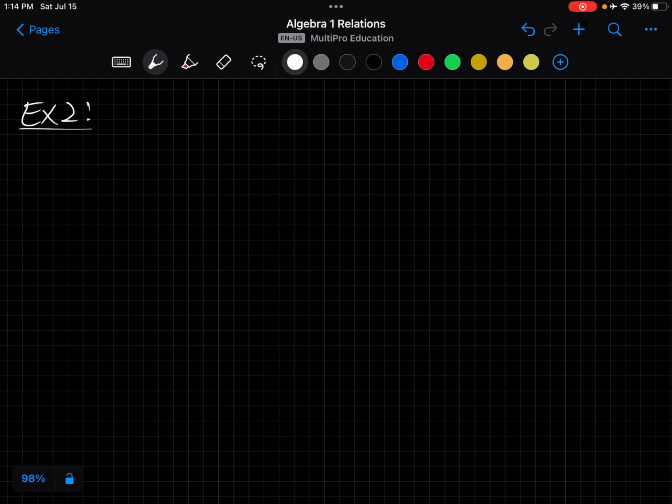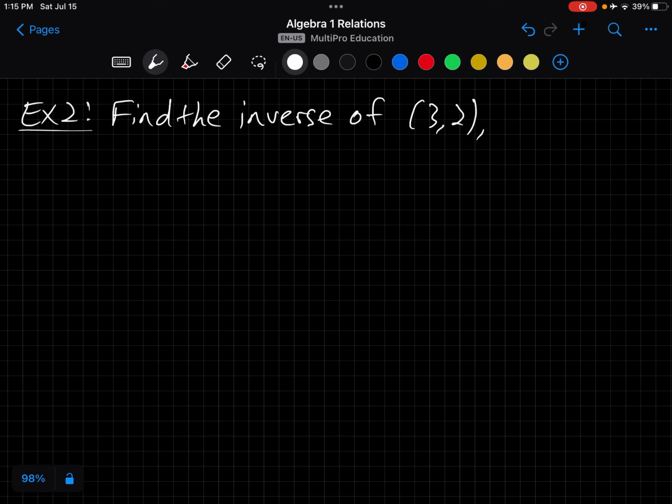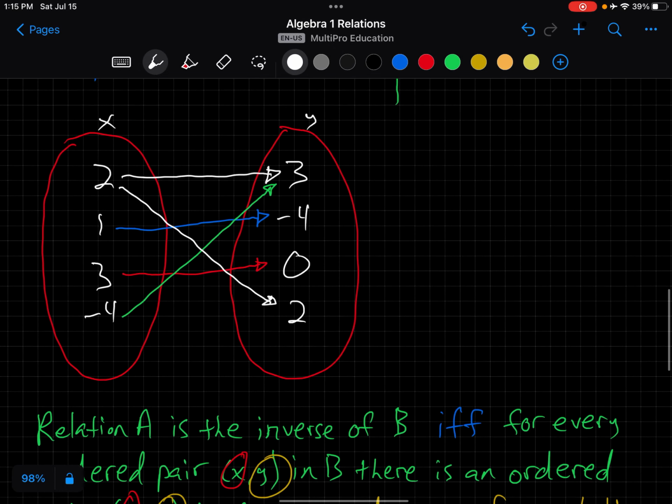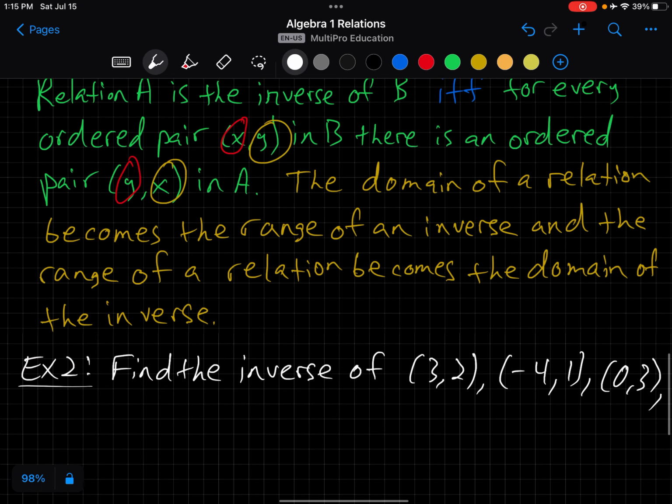Example 2. We want to find the inverse of those same numbers that we had earlier. Let's rewrite them so that we can see them on the same screen.